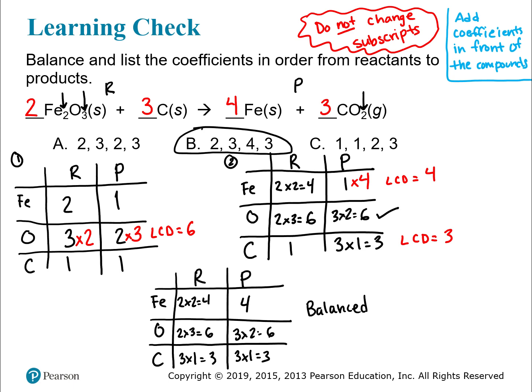On the homework and on the exam for Chapter 7, you're going to have to state what the coefficients are. So get used to doing that. It could be a question of, what is the coefficient for carbon in this balanced equation? And you would say 3. So those are the types of questions you'll see for balancing equations.